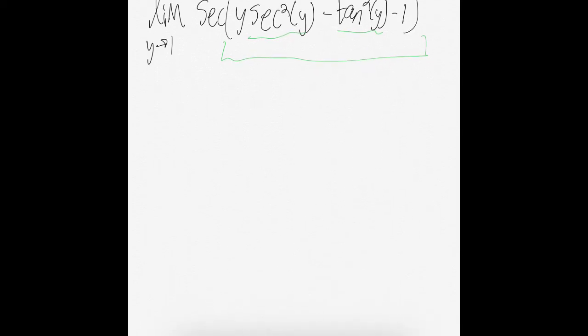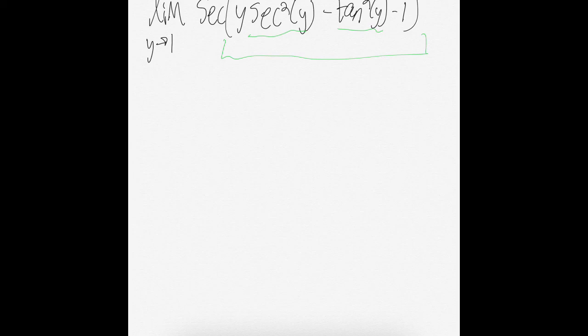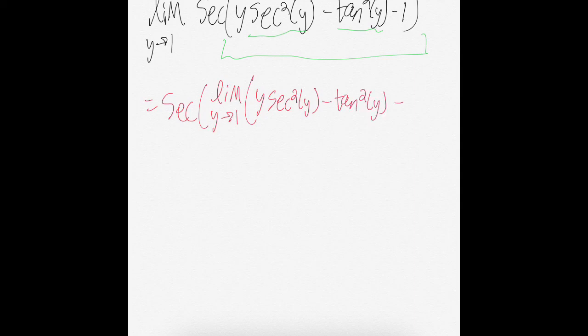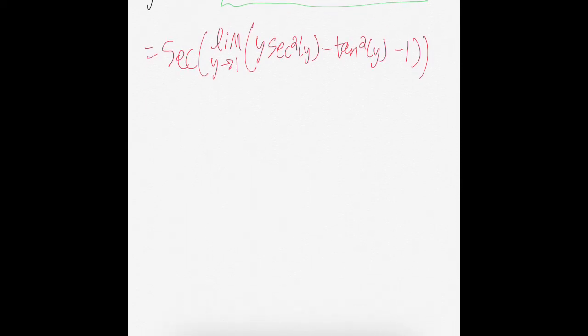Oh my goodness. Well, one of the nice things about limits is that we can bring this limit inside, like so. So I can bring it inside the secant. So now I have y secant squared y minus tangent squared y. Here we're really going to draw upon the litness of limits, i.e. their very lit algebraic properties.